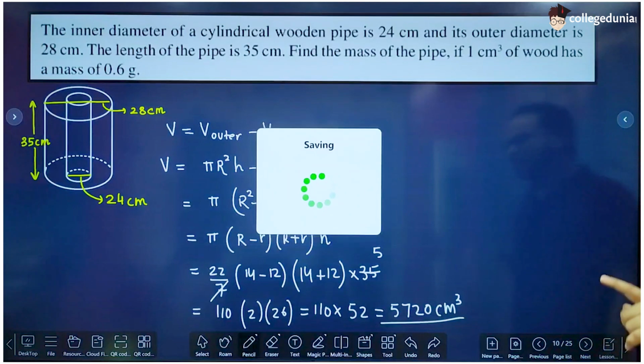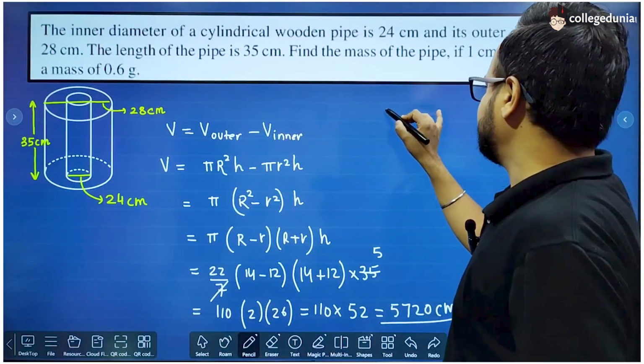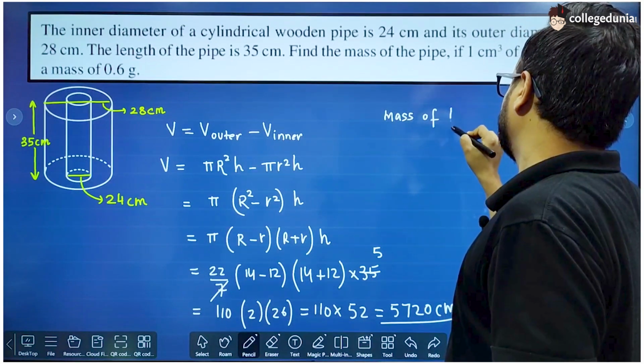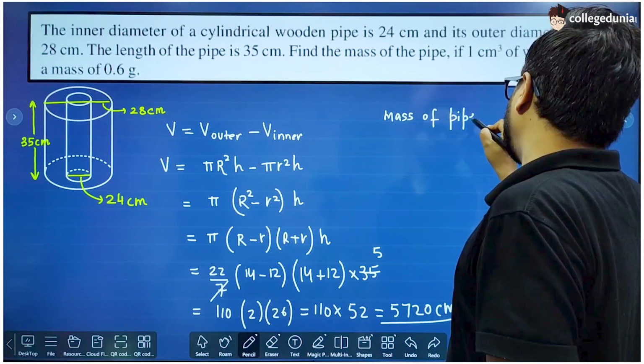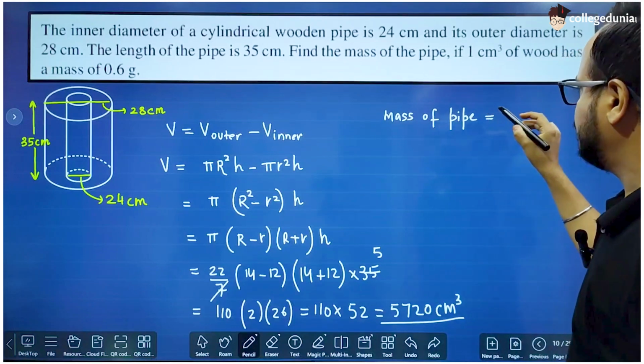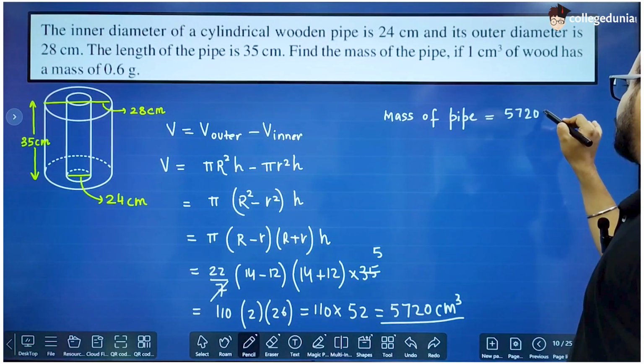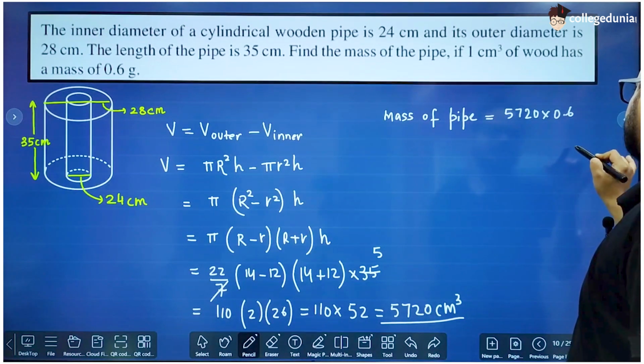So what is the total mass of the pipe? So mass of pipe is total volume, that is 572 into 0.6.